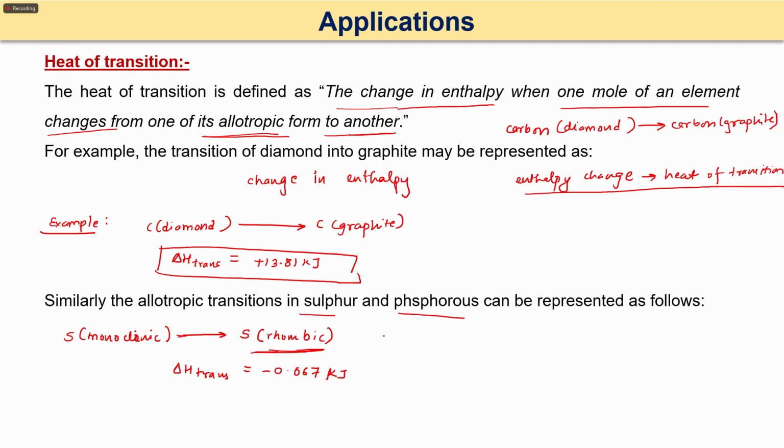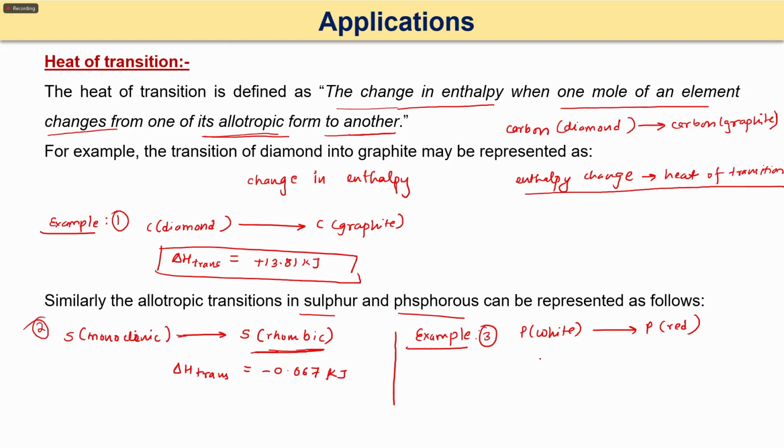Another example is phosphorus. Another example is when your white phosphorus gets converted to red phosphorus. You know white and red phosphorus?